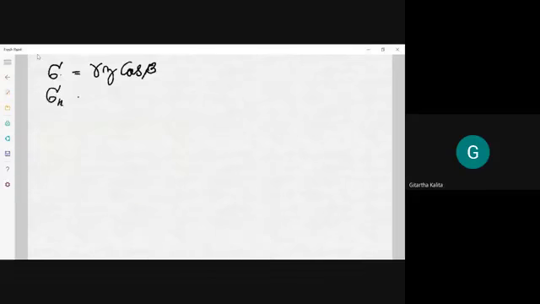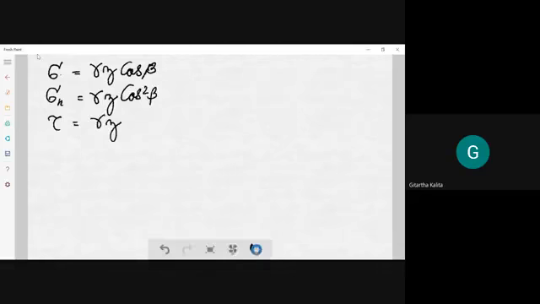Sigma n will be gamma z cos square beta, and tau will be gamma z cos beta sin beta. At any point if you have any doubt, please don't hesitate to ask.